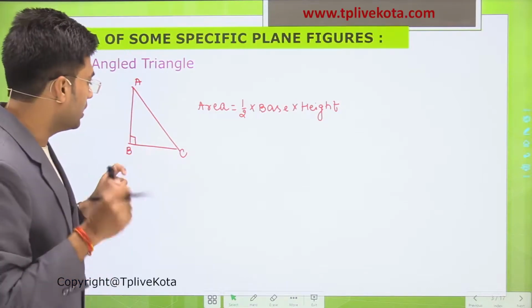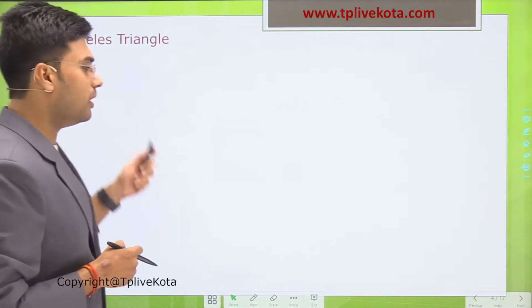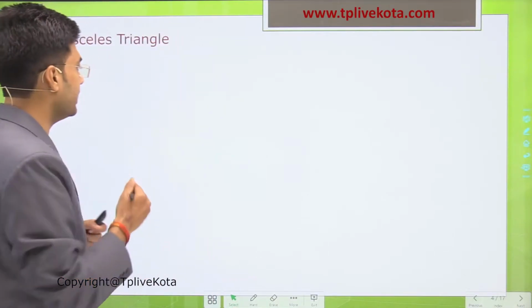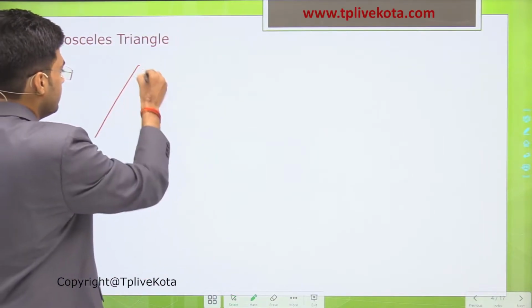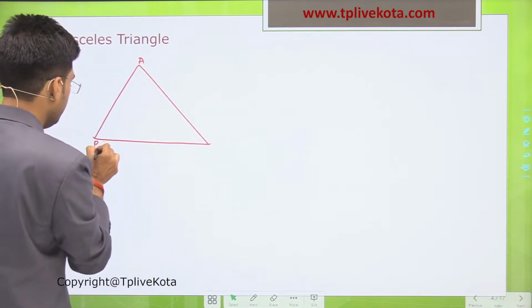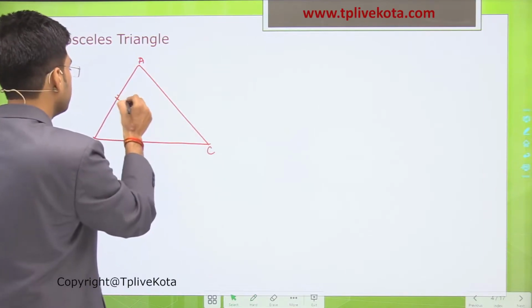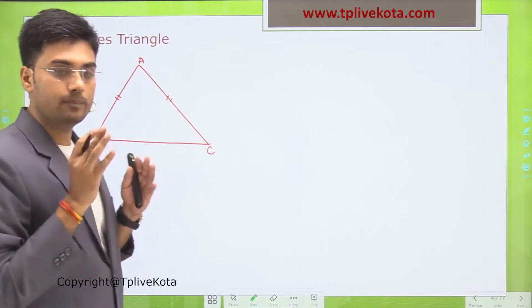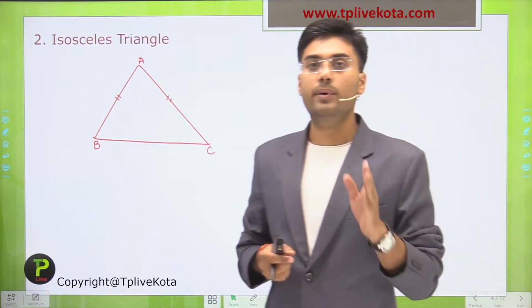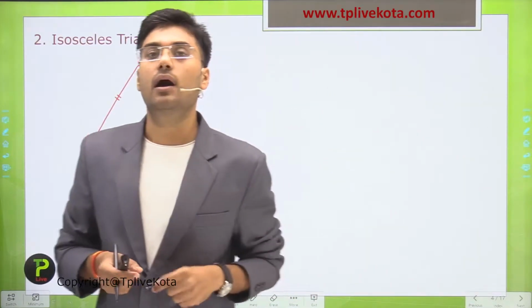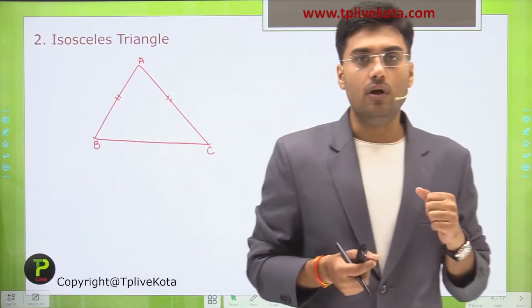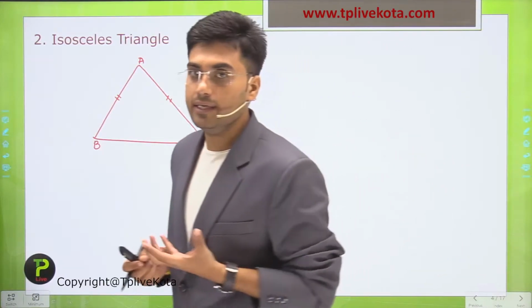Clear? Now if we talk about an isosceles triangle, we can also find its area. Let this be isosceles triangle ABC, in which AB and AC are equal. We find the area of an isosceles triangle by using the same formula, half multiplied by base multiplied by height. Now how do we find the value of height here?